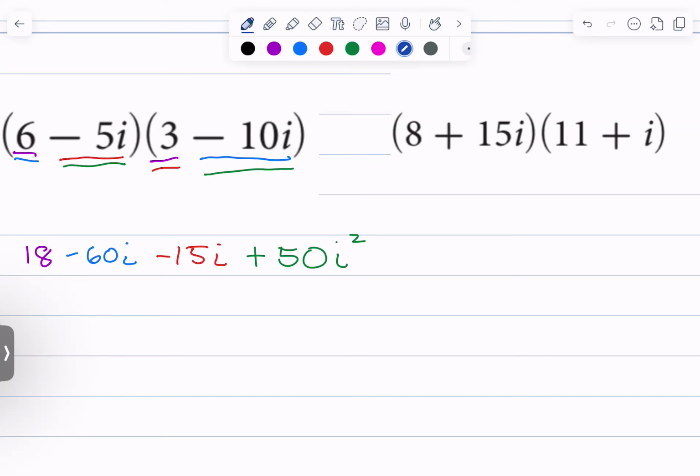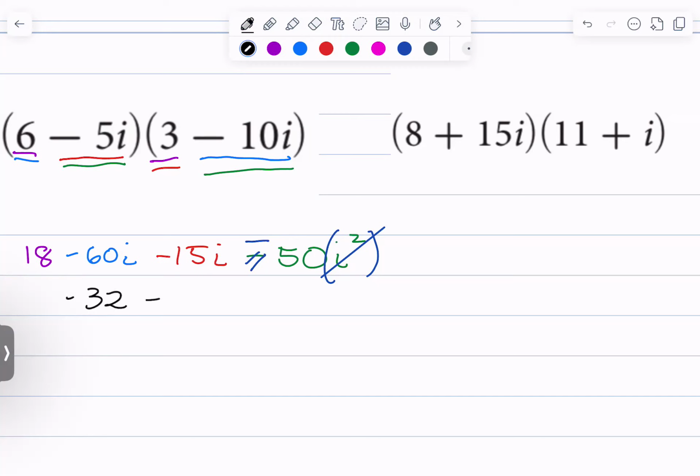Right? And now since we have the i squared, which equals negative 1, I'm going to cancel that out. Cancel out this plus, make it a minus. Okay? So 18 minus 50, that's negative 32.